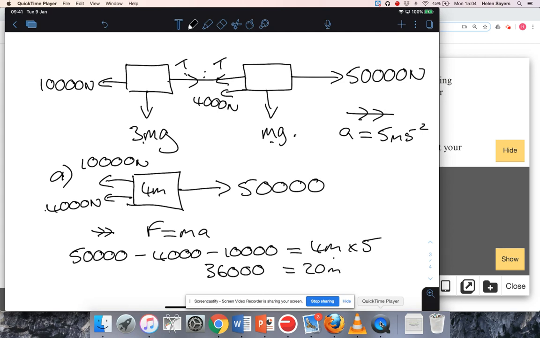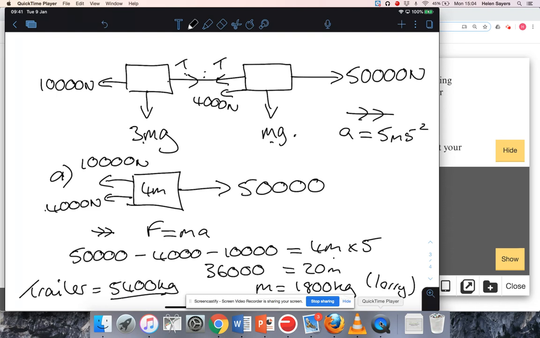So m is 1,800 kilograms, and then make sure we answer the entire question. So that's the mass of the lorry, and it did also ask the mass of the trailer, so that's going to be that multiplied by 3. So the trailer is 5,400 kilograms.